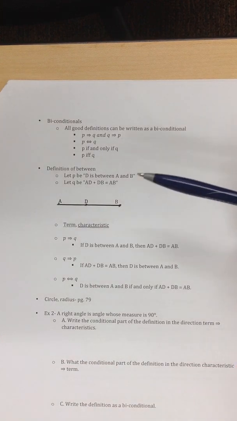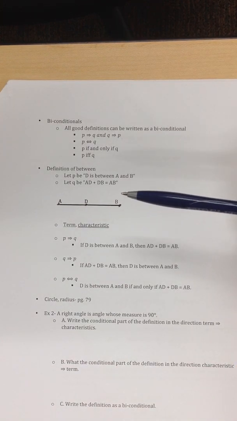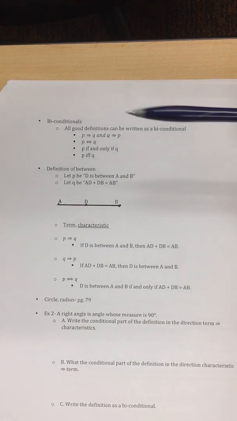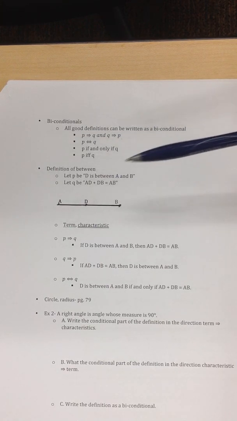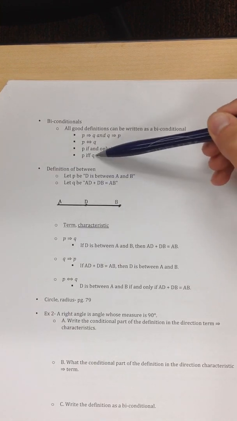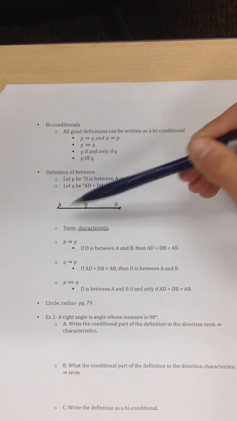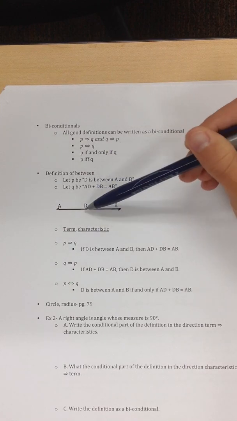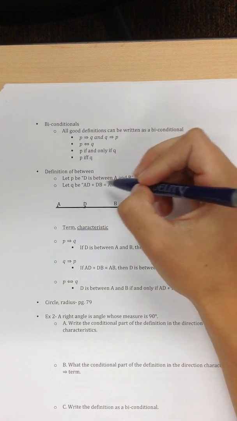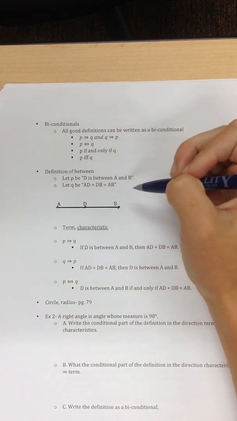Okay, so kind of an example here. We have the definition for between. Okay, we've talked about between before. So it says let P, the first part of this, be D is between A and B. Then they want us to let Q, the second half of this, be AD plus DB is AB. And if we go back to our actual definition of betweenness, that's what it says.